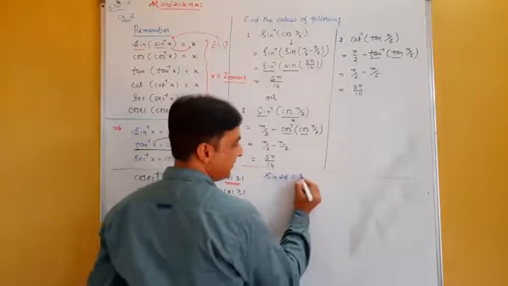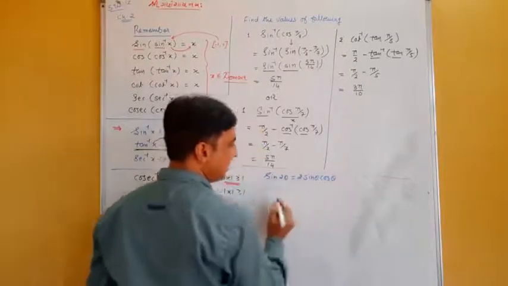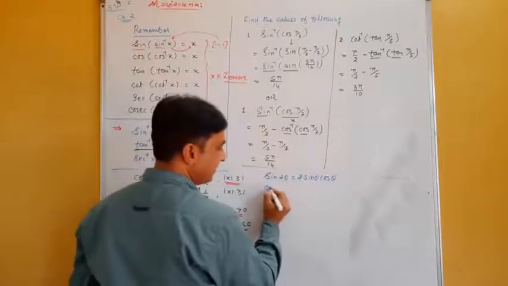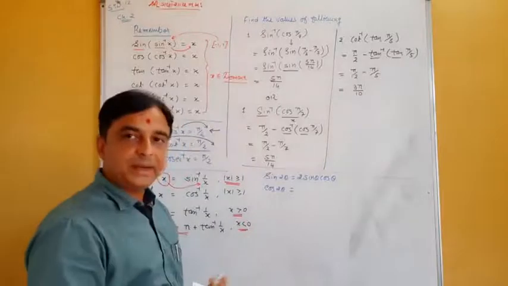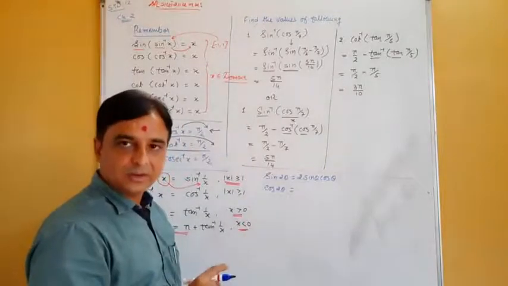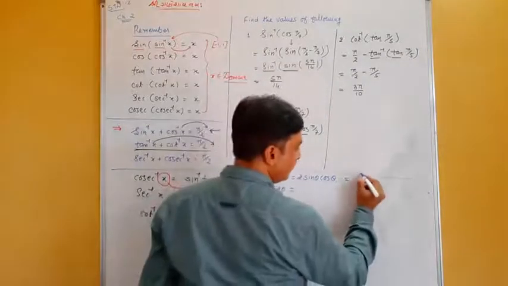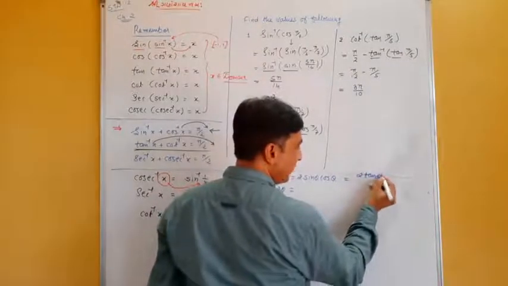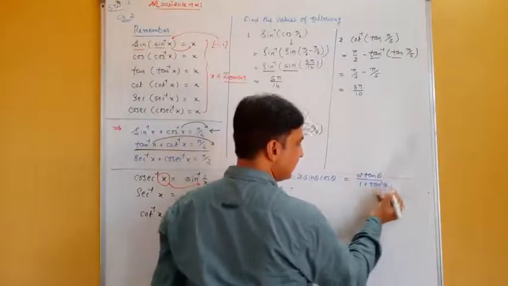Sin 2 theta is 2 sin theta cos theta. Sin 2 theta is also 2 tan theta upon 1 plus tan square theta.